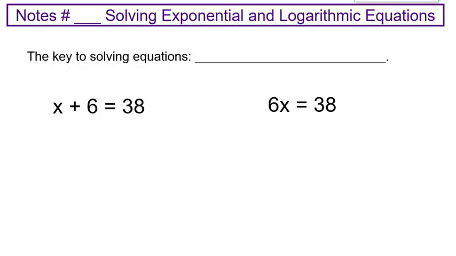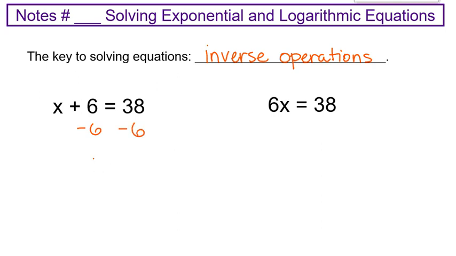So we're going to be solving equations, so I just want to remind you that the key to solving equations is always inverse operations. They undo one another. So for example, if you had to solve the equation x plus 6 equals 38, you would do the inverse of adding 6, which is subtracting 6.